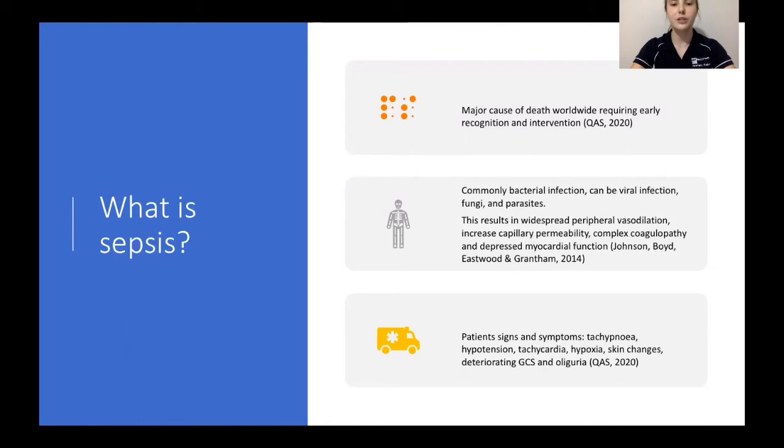This can be clinically shown by tachypnea, hypotension, tachycardia, hypoxia, skin changes, deteriorating GCS, and oliguria. It is also stated in the Sepsis Clinical Practice Guideline for QAS that sepsis should be considered for any deteriorating patient.